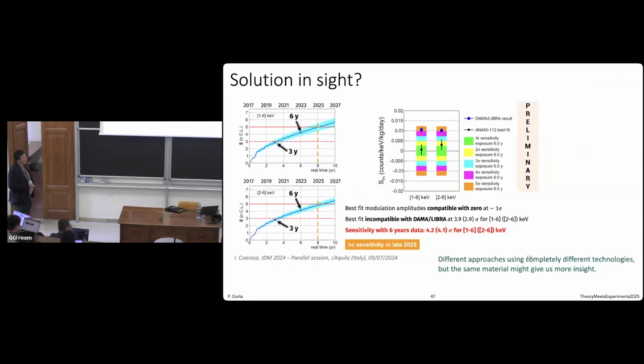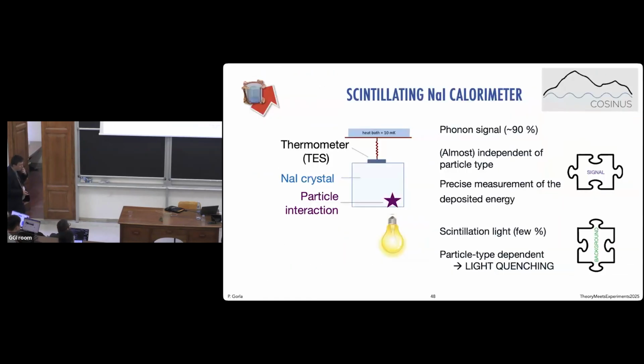There is one other very nice approach that is from the COSINUS experiment. COSINUS is a sodium iodide based experiment which is using instead cryogenic technology, so cooling down crystals at millikelvin temperatures, and this provides double readout.